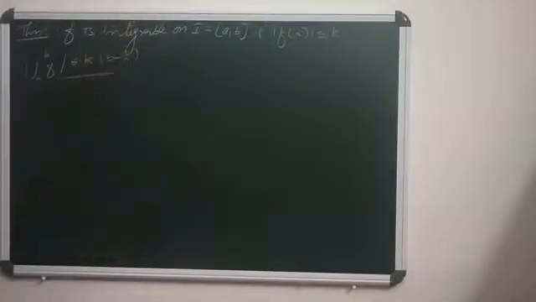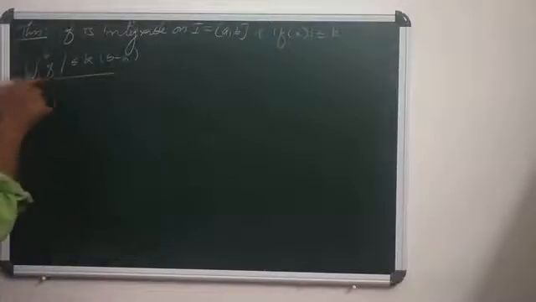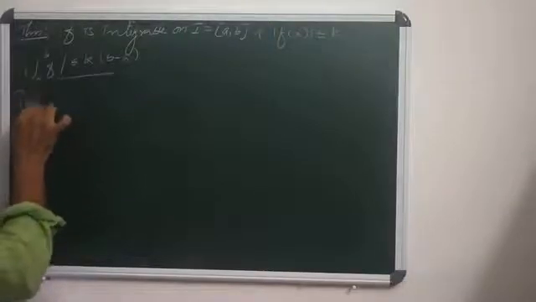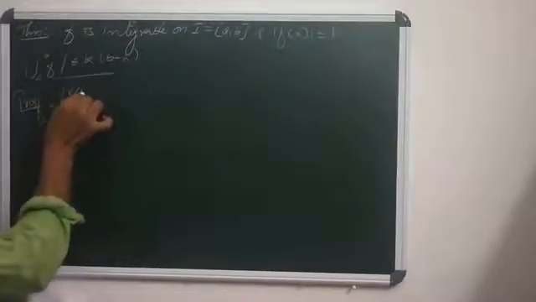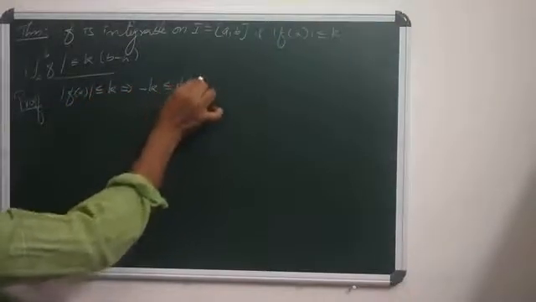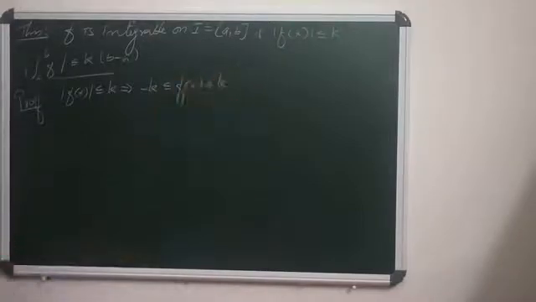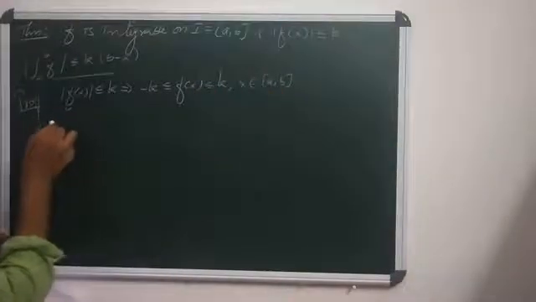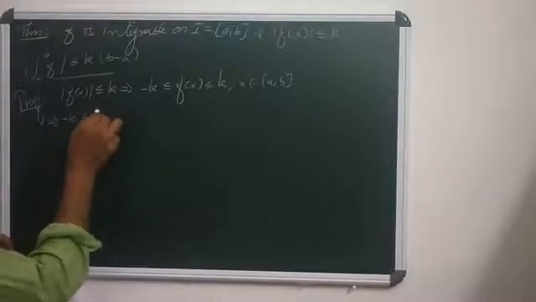And f is a bounded function, meaning the modulus of f of x is less than or equal to k. Then our aim is to show that the modulus of the integral from a to b of f is less than or equal to k times (b minus a). Its proof is also so simple. The modulus of f of x less than or equal to k means minus k is less than or equal to f of x, which is less than or equal to k, for all x in the closed interval [a, b].